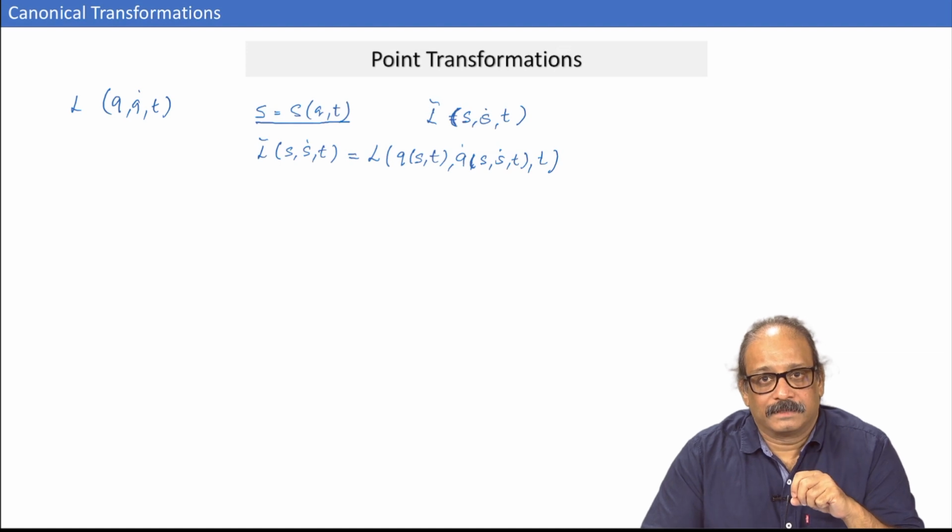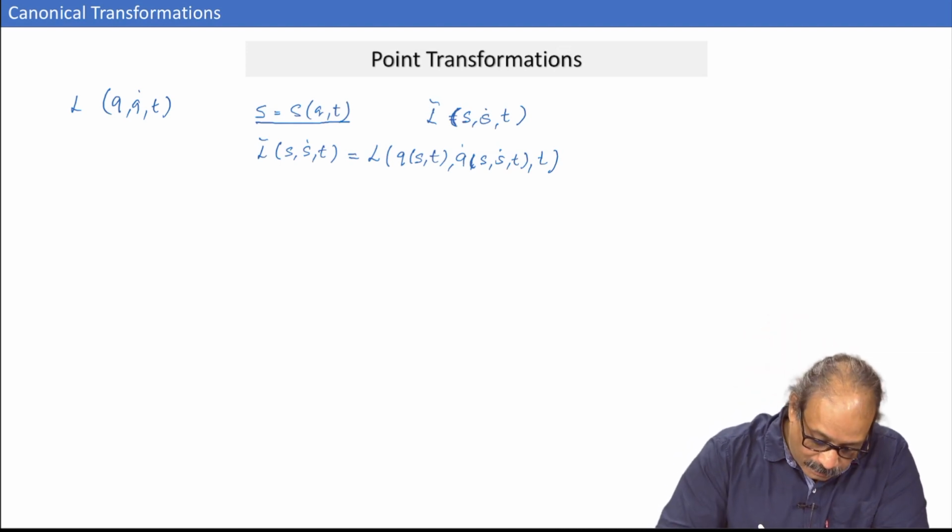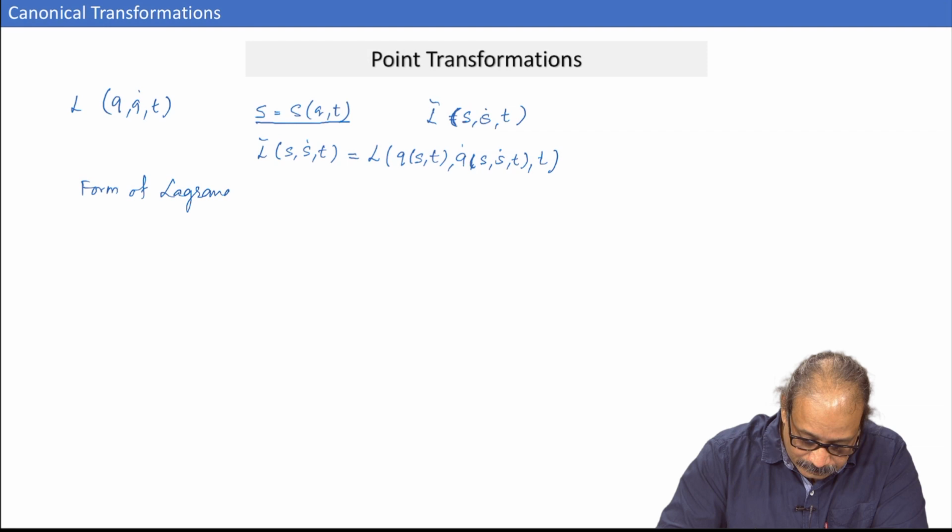And the great thing that happens here is the form of Lagrange's equation is invariant.